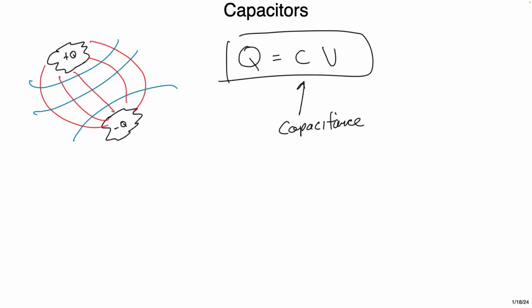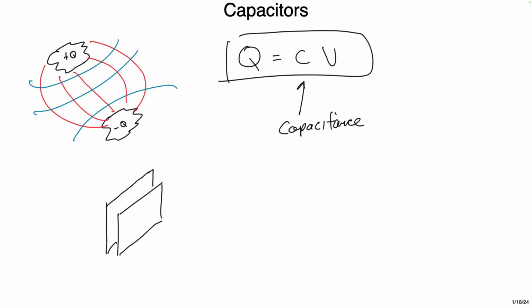The physical device that literally consists of two conductors, okay, separated from each other, is called a capacitor. Usually, a capacitor is made from what we call parallel plates.